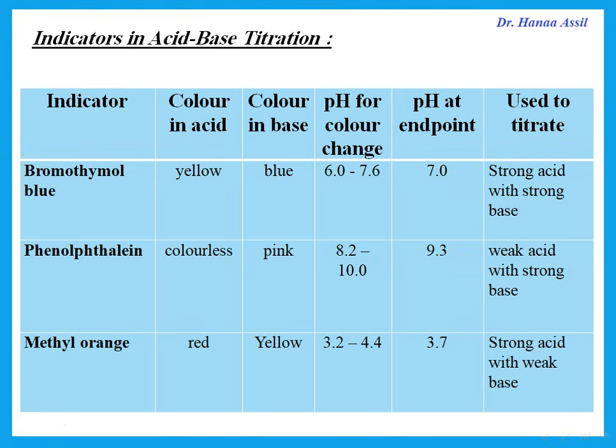So this is a summary of what we just said. Bromothymol blue is suitable if you're using strong acid with strong base. Phenolphthalein you can use if we are titrating weak acid with strong base. Methyl orange would be the suitable one if I'm titrating strong acid with weak base.